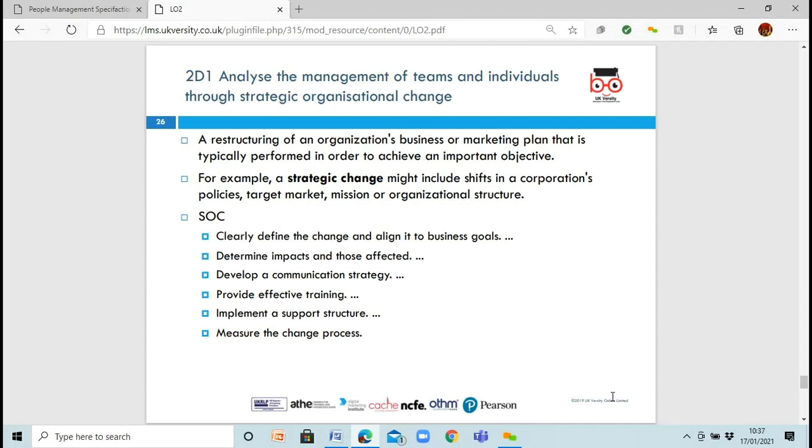For example, a strategic change might include shifts in the corporation's policies, in the target market, in the mission or organizational culture. So, you should clearly define the change and align it to business goals, determine impacts and those affected, develop a communication strategy, provide effective training, implement a support structure, and measure the change process.